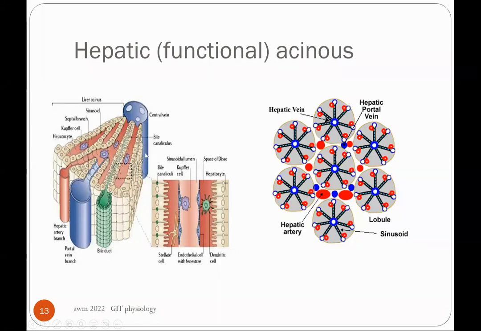Now, as the hepatocytes perform their myriad functions, detoxification, etc., they also produce bile. And the bile, as it is formed, will travel in the opposite direction to the flow of blood. It will travel from the center of the acinus to the periphery, where it joins branches of the bile duct. Those branches will join eventually and leave the liver as the bile duct.